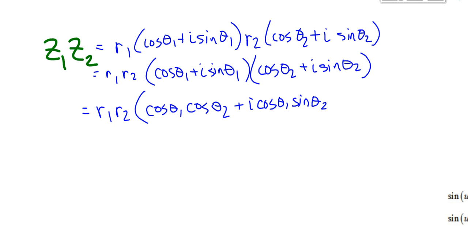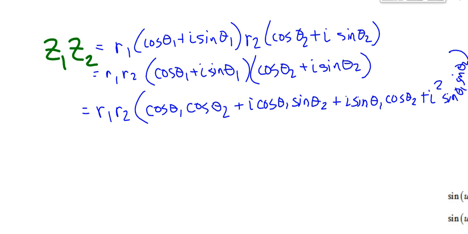And then this one will be plus I sine theta 1 cosine theta 2. And then the last one is going to be what? Plus I squared sine theta 1 sine theta 2. Do you agree?